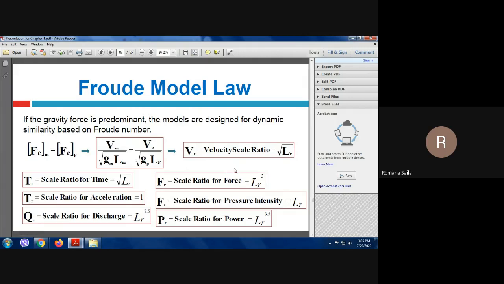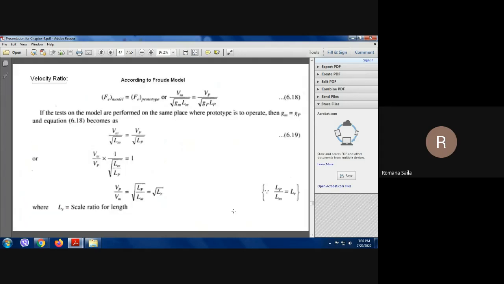The velocity ratio is denoted by VR, and this is root over LR. TR is also root over LR, force is LR cubed, pressure intensity is LR, and the scale for power is LR to the power 3.5.